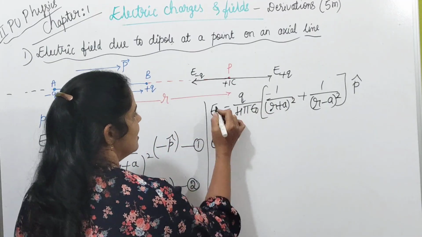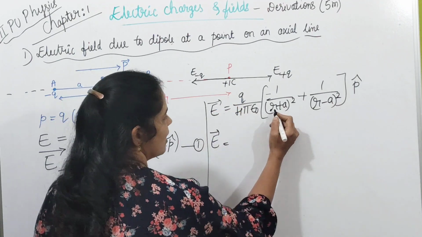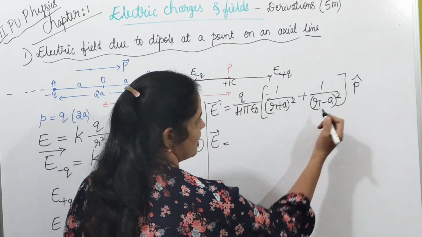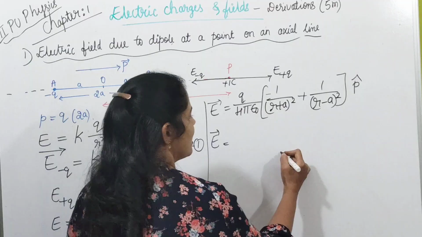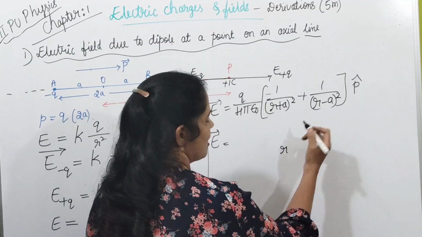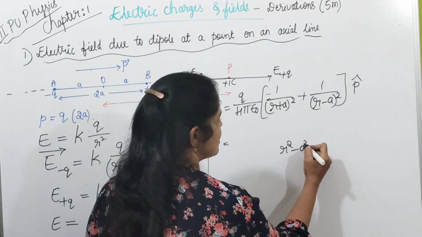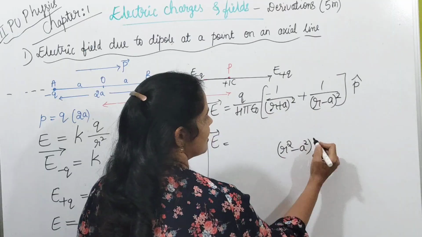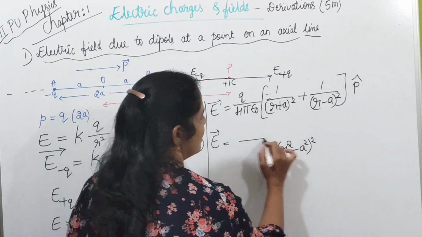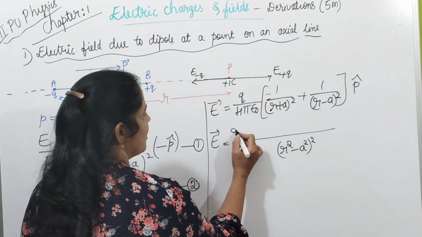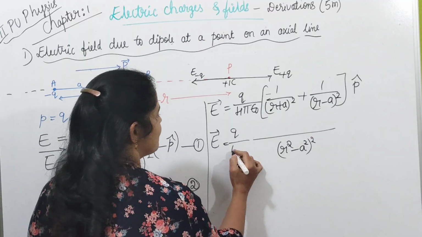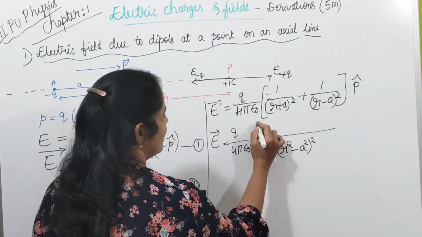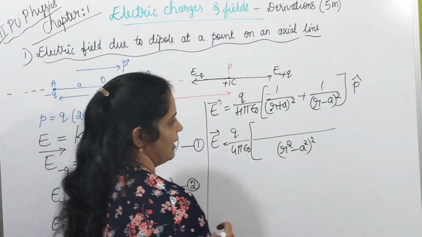Now let us write the LCM. So here R plus A into R minus A is LCM. So LCM, that is R plus A into R minus A is R square minus A square. And since here there is a square, you square it. Now, say Q divided by 4 pi epsilon naught is common. Remaining term you write inside the bracket.